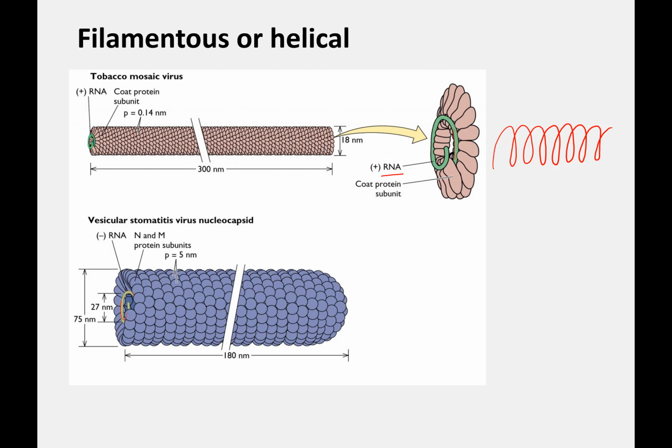It has negative RNA that's wrapped. It has more of a bullet shape. Rabies, a rhabdovirus, also has this shape. So all these brown and bluish purple little things are the nucleoproteins, and then the single lines inside there are the genomes.